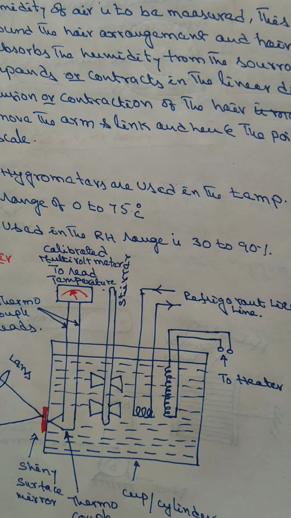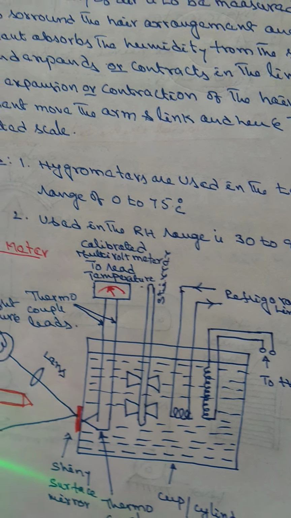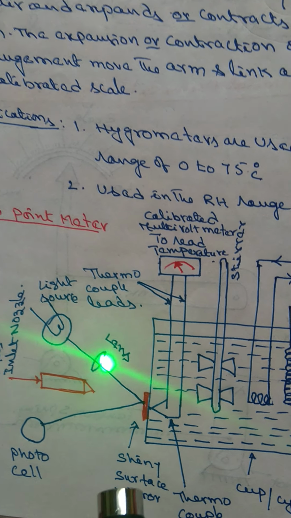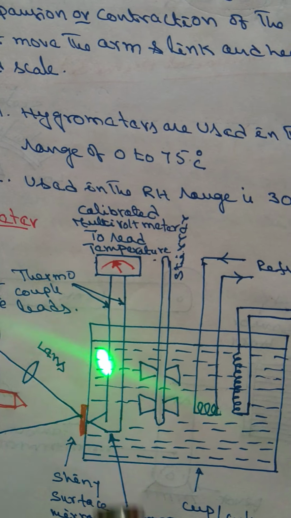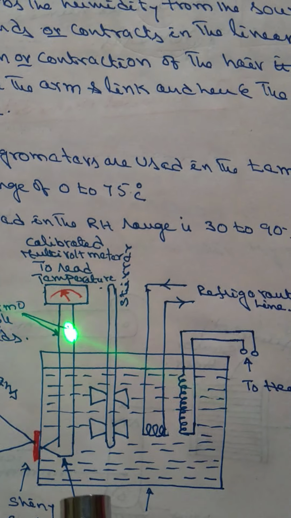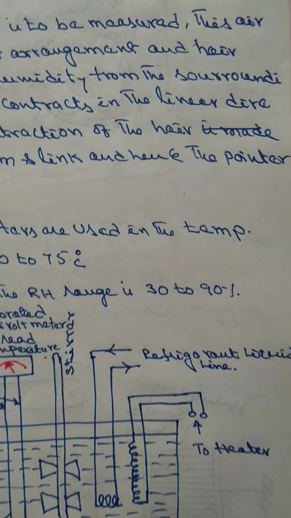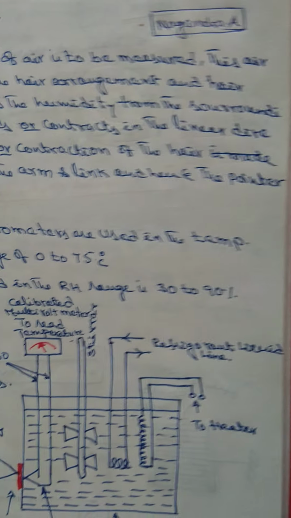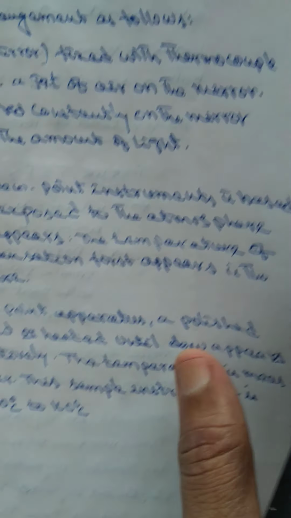With the help of this stirrer, we send a light source. One is a photocell, another one is a general light source, and there will be lenses. We attach two thermocouples to a calibrated multi-voltmeter to read the temperature. This dew point temperature is widely used.